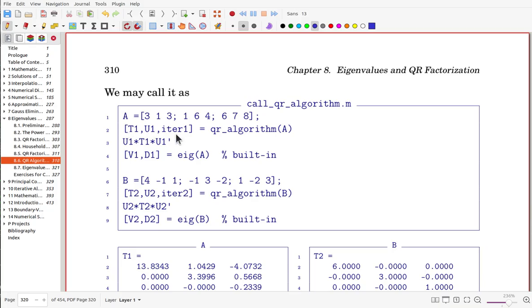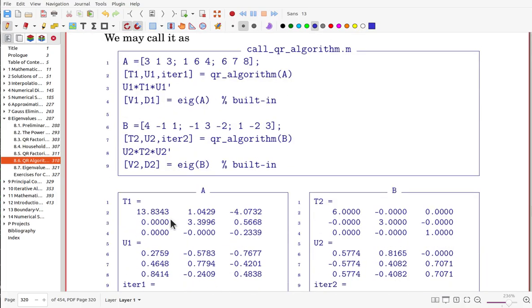Now we can call it. For matrix A, we call the QL algorithm, and we get T1, U1, iteration 1, and here we have the multiplication to check if that makes the original matrix A. Now that one is from a built-in function. We try to get eigenvectors and eigenvalues, and for B, similarly, we do the operations.